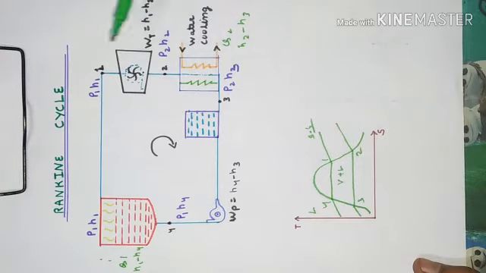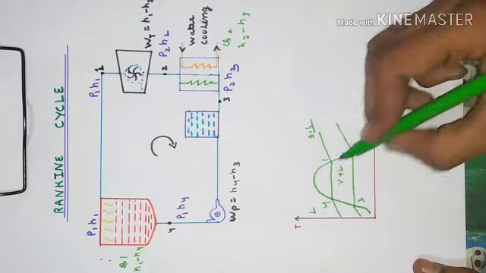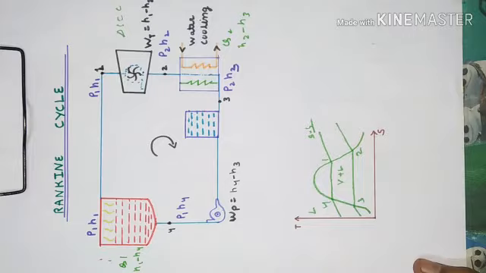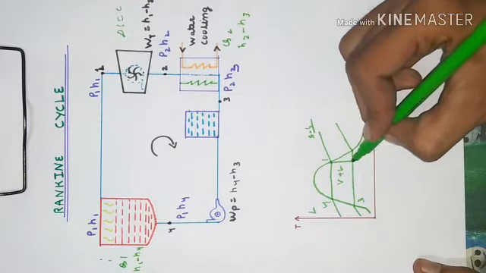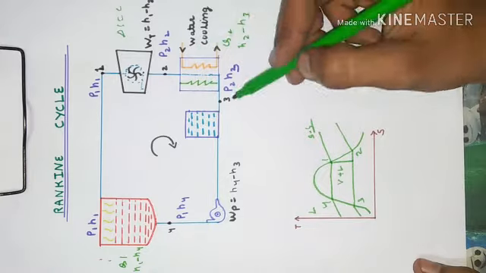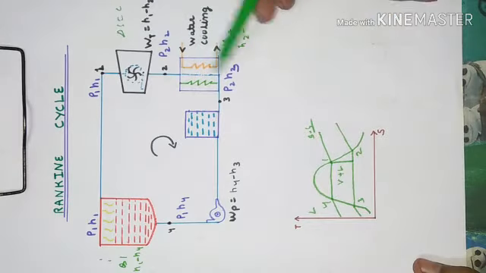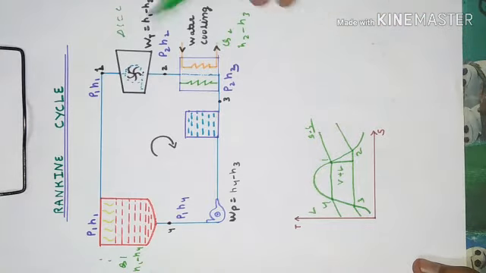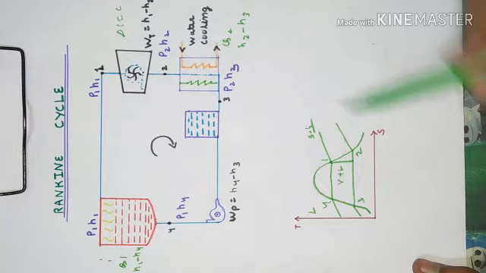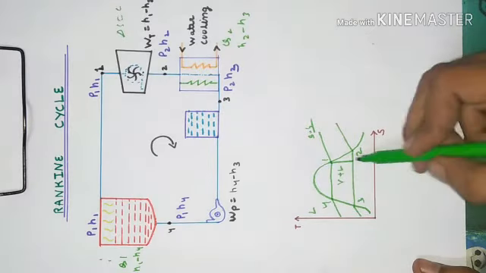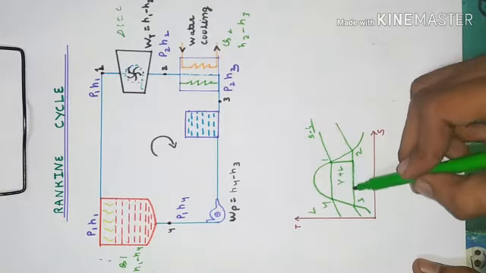From 1 to 2 there is reversible adiabatic expansion, so entropy remains constant, with no change. From 2 to 3 there is constant pressure heat transfer to the condenser. The condenser changes the phase, and vapor is converted into liquid. So the line is drawn like this.